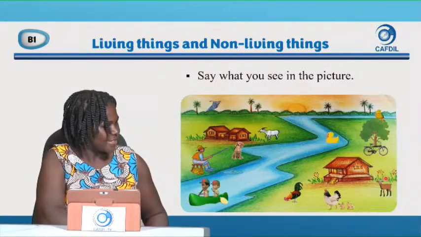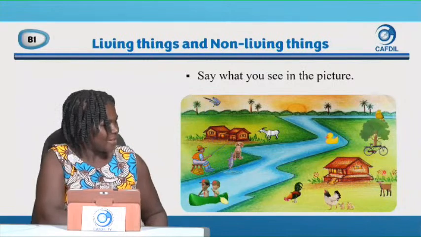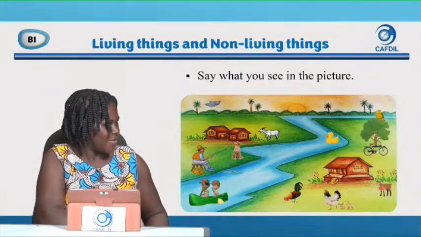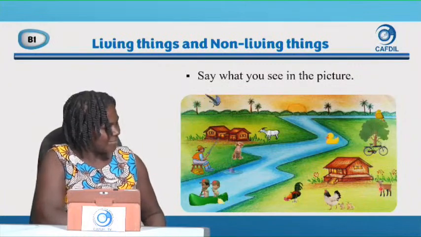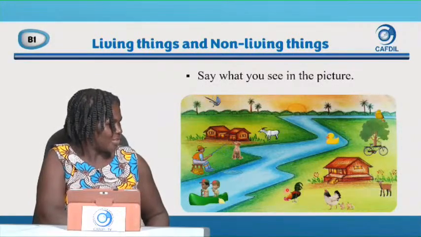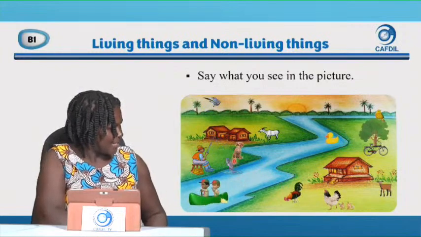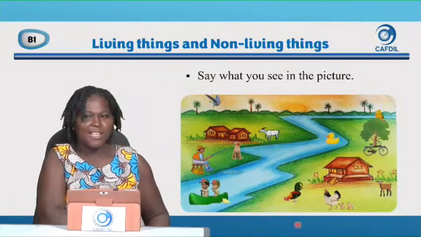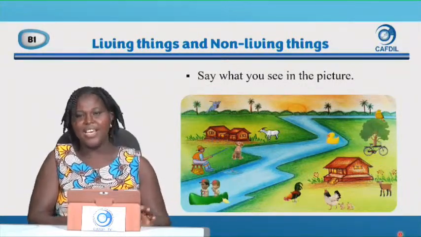We have flowers at the back of the house and in front. We have another goat standing there. And we have a hen and chicks, and a cock also eating. We have a river. The man is catching fish with a fishing line. So these are the things that we can see in the picture.